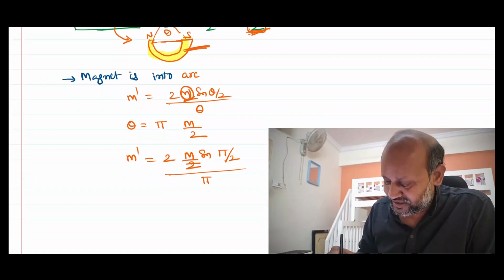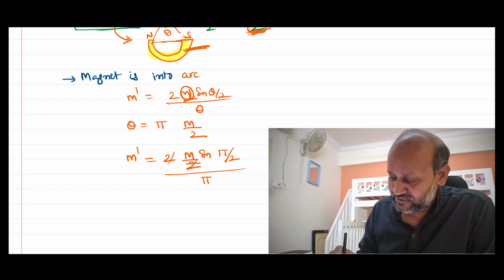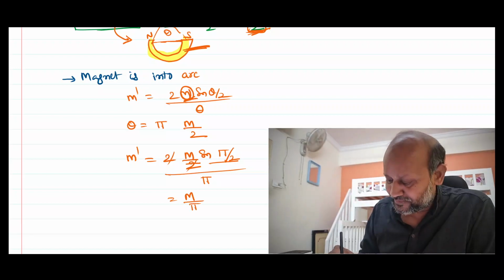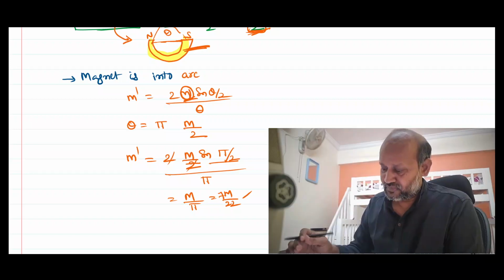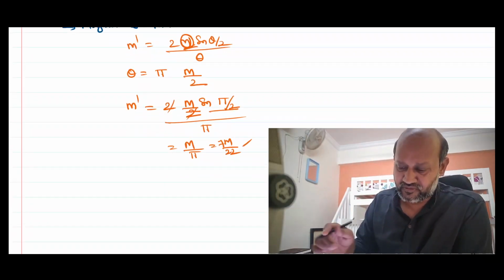So what will be my answer? This 2 and this 2 will be cancelled. M sine 90 is 1, by pi: m by pi, or m by 22 by 7, or 7m by 22. Well, that's the magnetic moment of the one piece.